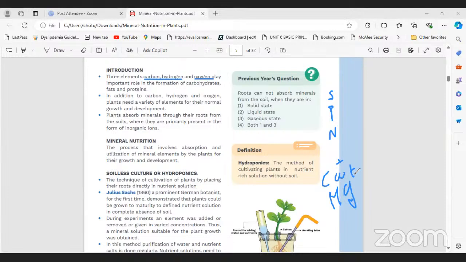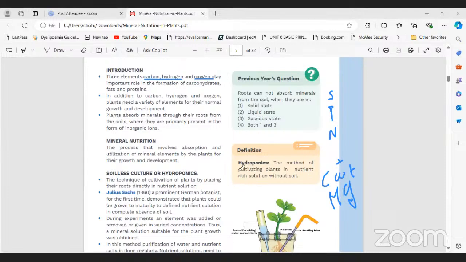In addition to carbon, hydrogen, and oxygen, plants need a variety of elements for normal growth and development. Plants absorb minerals through their roots from the soil, where they are primarily present in the form of inorganic ions.